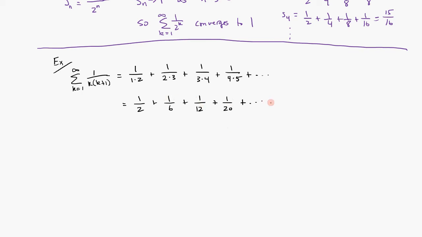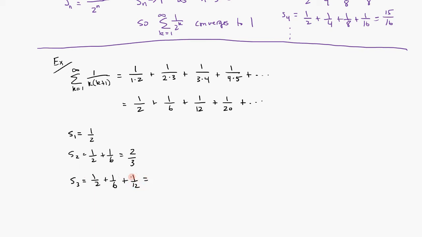So let's look at the sequence of partial sums. So S1 is equal to 1/2, S2 is 1/2 plus 1/6. So if you add it together, you'll see it's 2/3. S3 is 1/2 plus 1/6 plus 1/12.